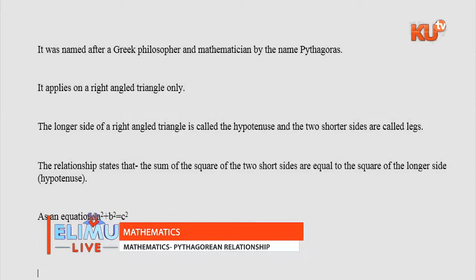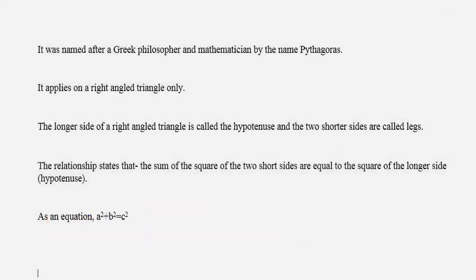We say that A squared plus B squared is equal to C squared, which is a summary of the Pythagorean theorem or the Pythagorean relationship.